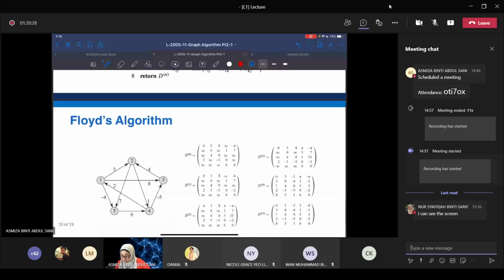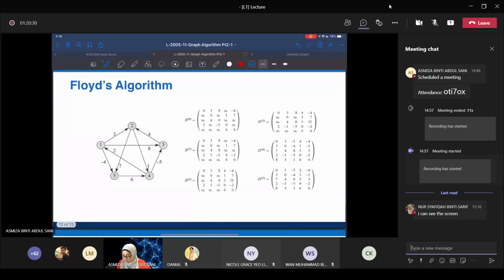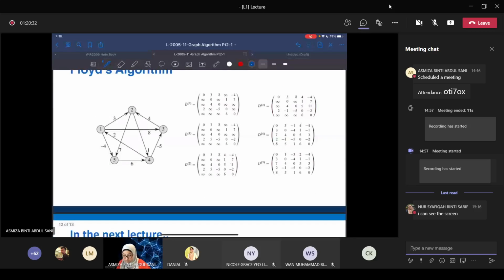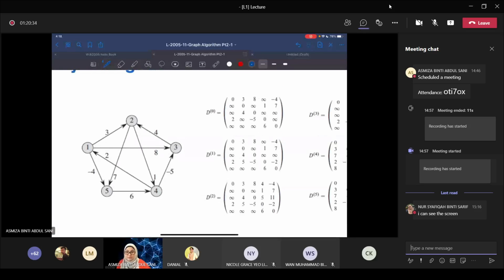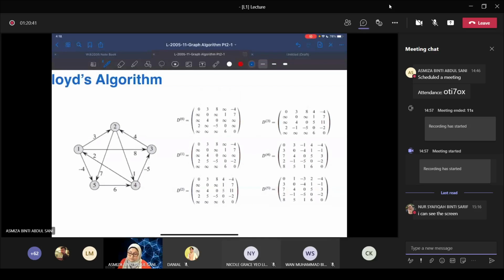I'm just going to show you a few steps, and maybe you can continue doing this, and we can discuss it during tutorial. I have been using this example a few times, but this is actually taken from the textbook.